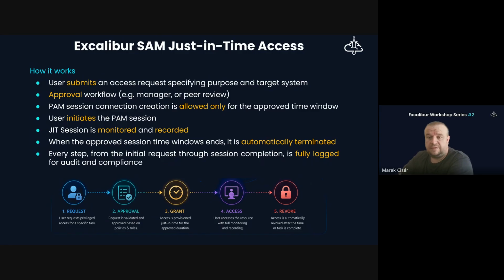After the time window has finished, the access is automatically revoked, and the user needs to create an additional access request to be able to access that PAM target. Again, all of these activities are being logged, so there is very strong evidence of what was going on, who was the requester, who was the approver, and so on and so forth.